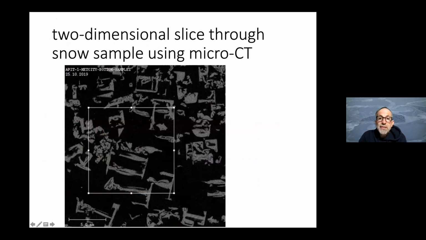Here I have an example, just a small cross-section from such a sample. The white frame shows the part I then used to make the three-dimensional reconstruction. This frame is about 1 centimeter by 1 centimeter.